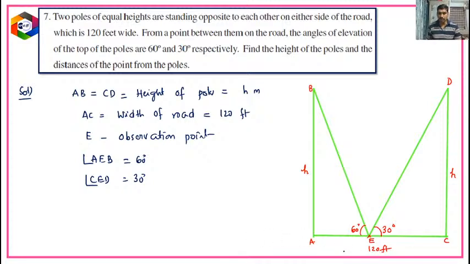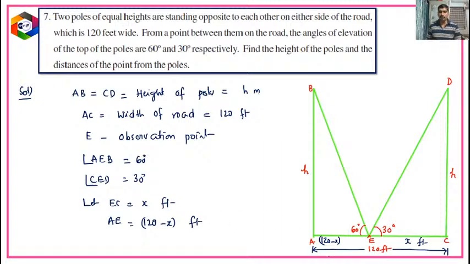Now, this total length is 120 feet, given from here to here. I am assuming that from the tower which makes angle 30, this side is x feet. Let EC be equal to x feet. Then automatically the remaining part AE will be 120 minus x feet, because the total AC width of the road is 120 feet.